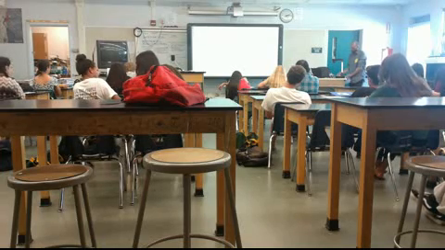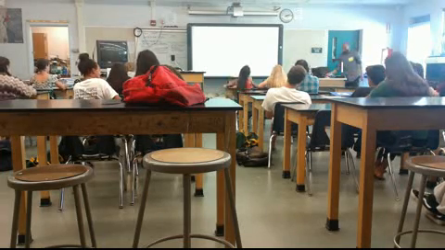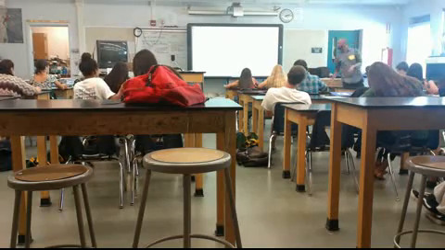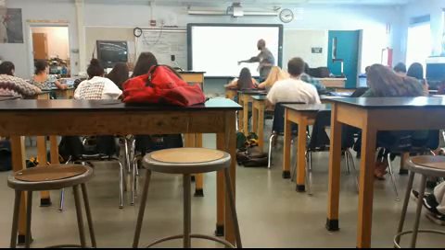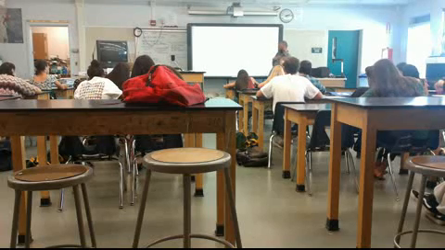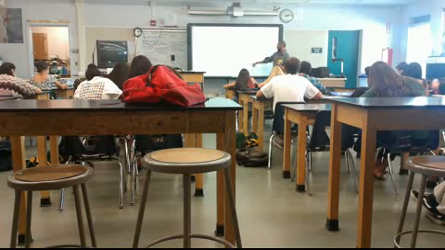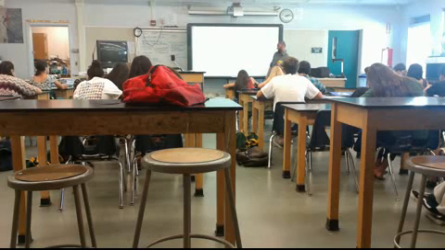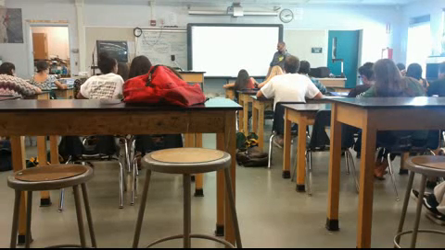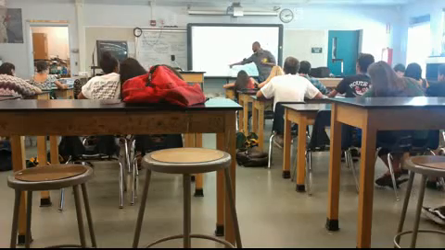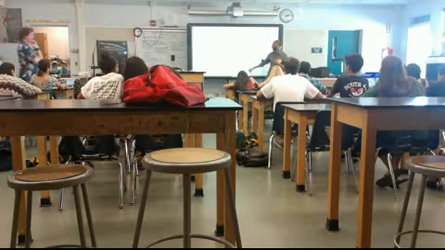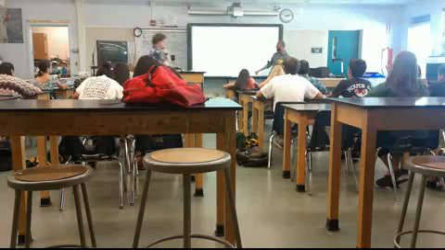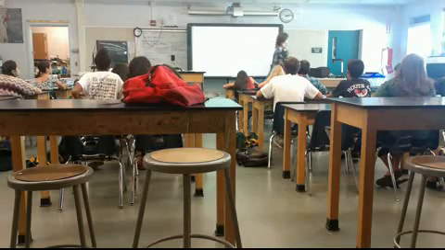Write this down: the force of the earth on the man is equal to minus the force of the man on the earth. F equals m times a, so the mass of the earth times the acceleration of the earth is equal to minus the mass of the man times the acceleration of the man.